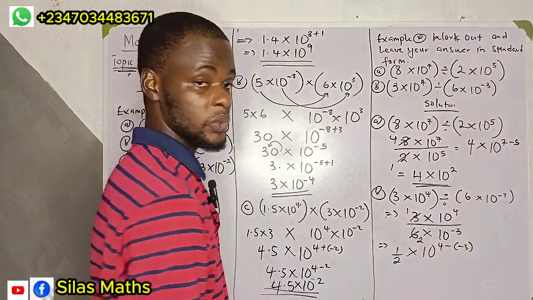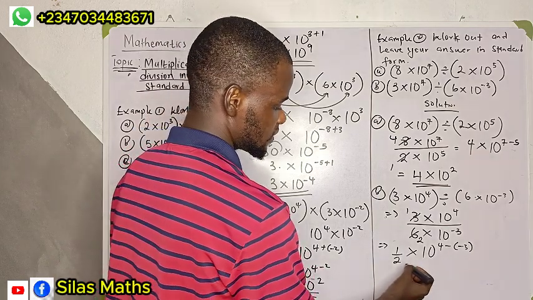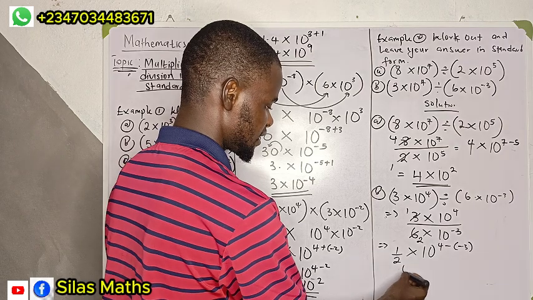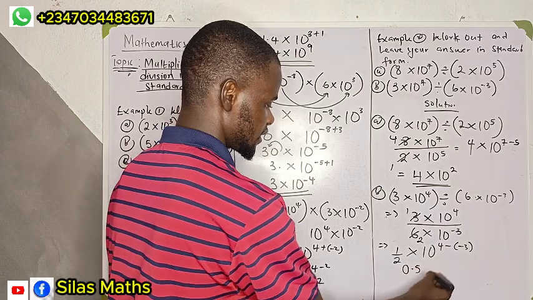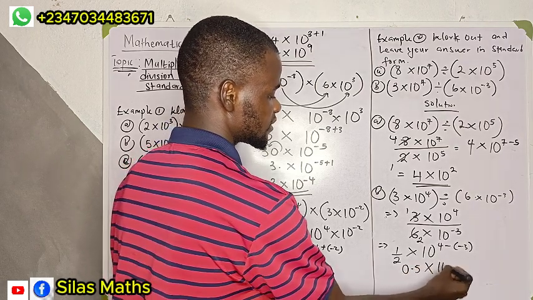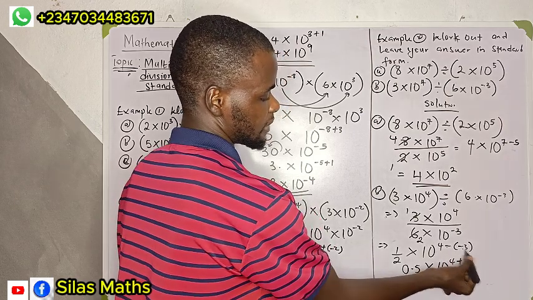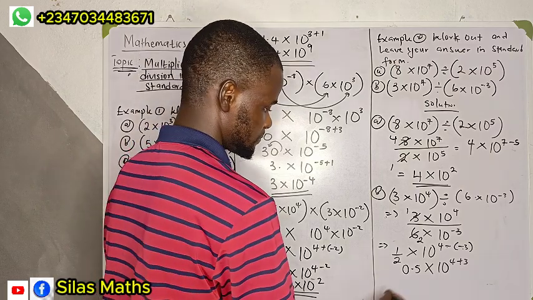Remember, when they are dividing, we subtract their powers, so that will give me 1 divided by 2 is something as half, and that's something as 0.5 times 10 raised to the power of 4 plus 3. Minus minus will give us plus.